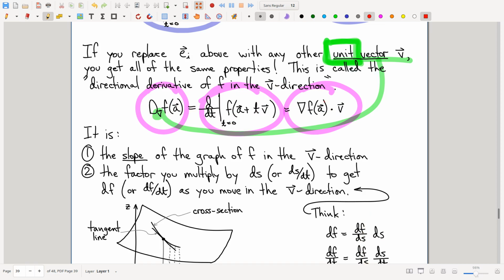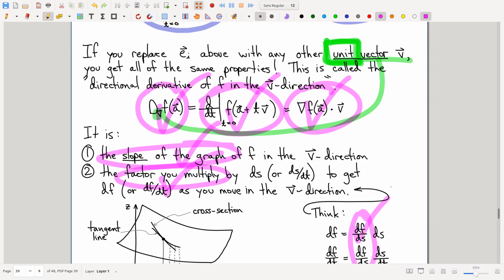We'll continue to require that v be a unit vector, and all of these still work. So in Math219, this is what directional derivative shall mean.